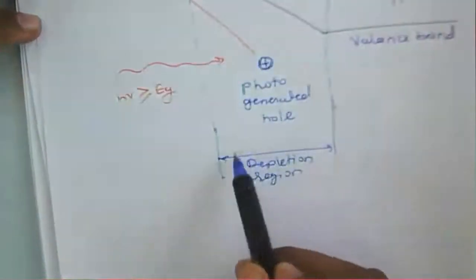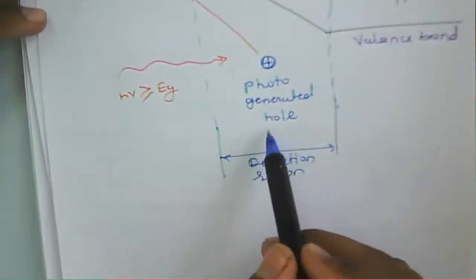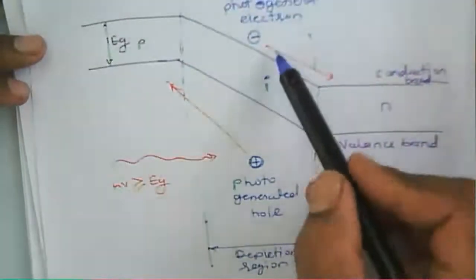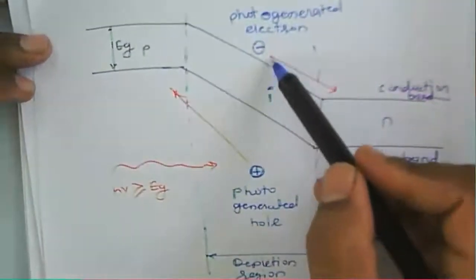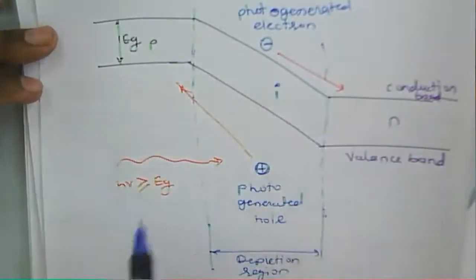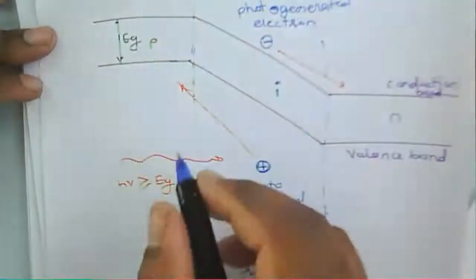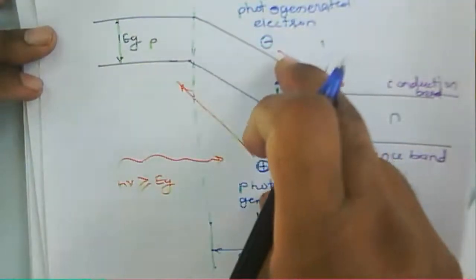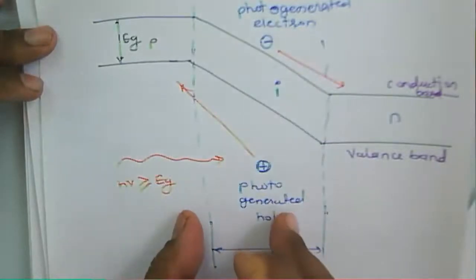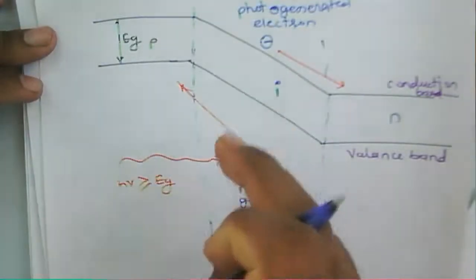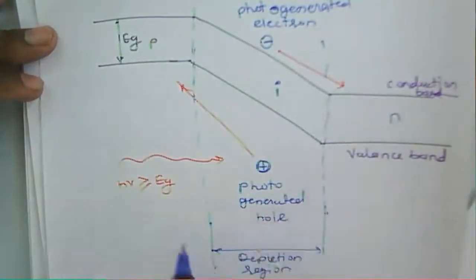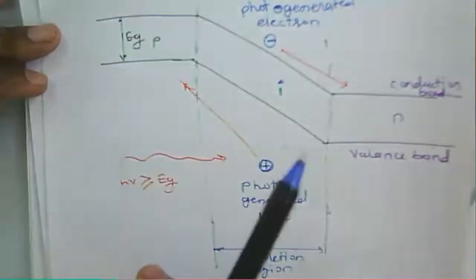These are nothing but carriers generated in the depletion region, or we can say the intrinsic region, that is the I layer. In this I layer, it will generate the electron and hole. Now again, there is a high electric field present in that particular depletion region that causes the carriers to separate, and they will be collected at the reverse bias junction.